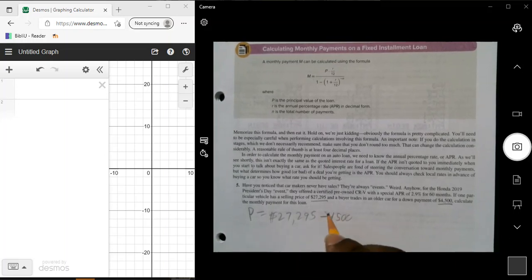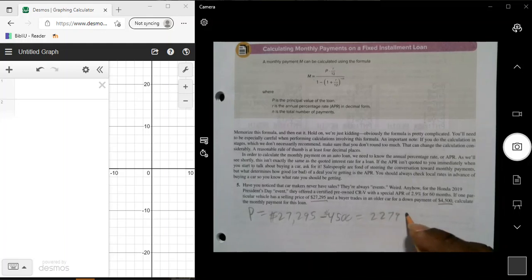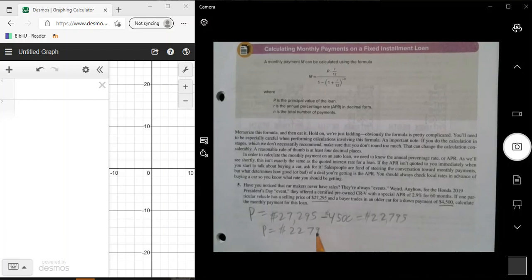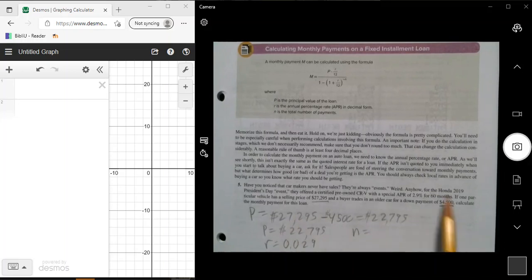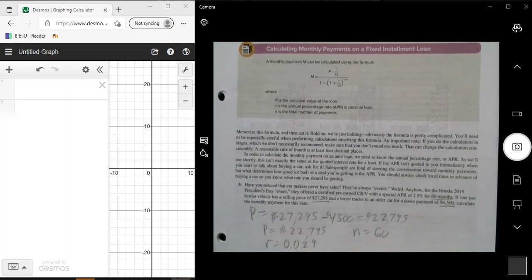Because remember, once you subtract this 4,500, this will be your new principal, which would be $22,795. Now your rate or your interest rate, so let me rewrite this. The principal will be $22,795. Your rate or interest rate is 2.9%, which is 0.029. And then the number of months, you're told that it's 60 months. So N would be 60.